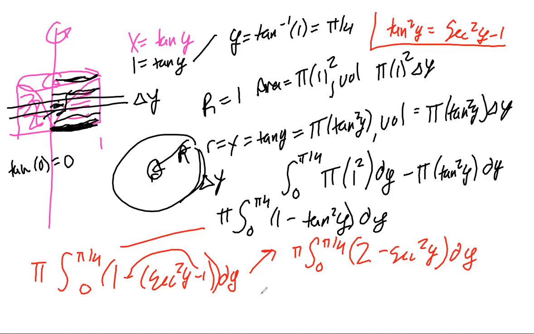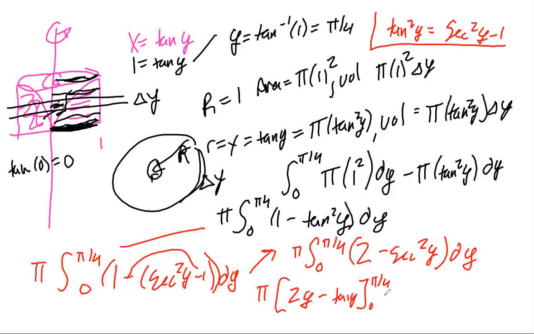So when we take the antiderivative, we have pi times 2y minus tangent of y, since the derivative of tangent is secant squared, between 0 and pi over 4. Plug in our upper bound, plug in our lower bound.